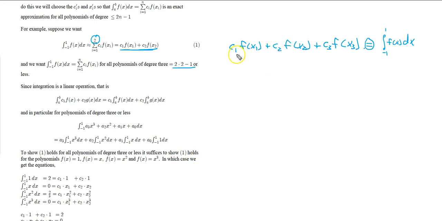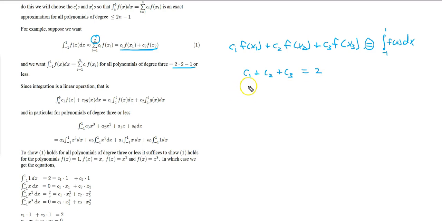And if we plug each of those functions in, going all the way up to x to the 5th, we would get 6 equations and we would have 6 unknowns. Now notice the first equation would be something like c1 plus c2 plus c3 equals 2 still.